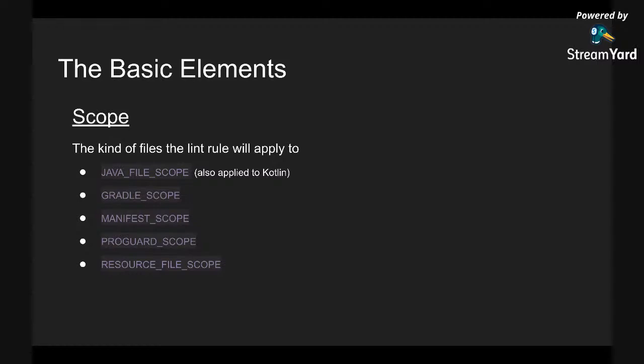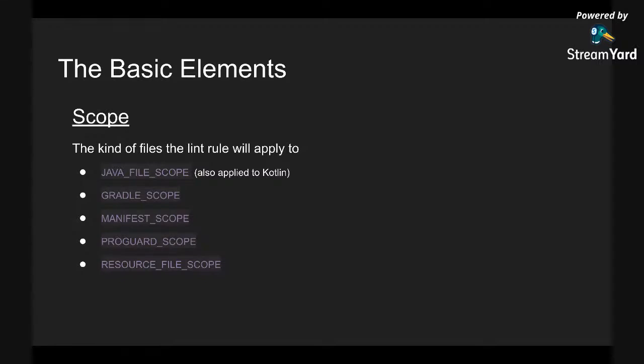Okay. Before you start writing custom lint rules, there are three common things that you should know about. First is the scope, then it's a category, and then comes the severity. So first we'll take a look at scope. The way you tell lint to check for issues on certain files is by using this scope.